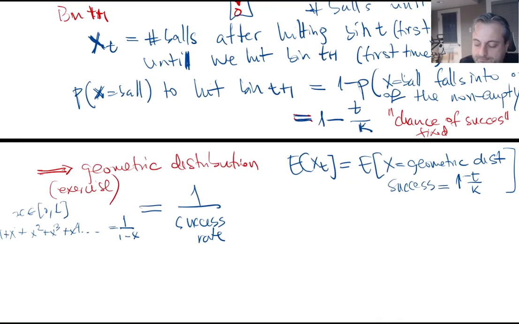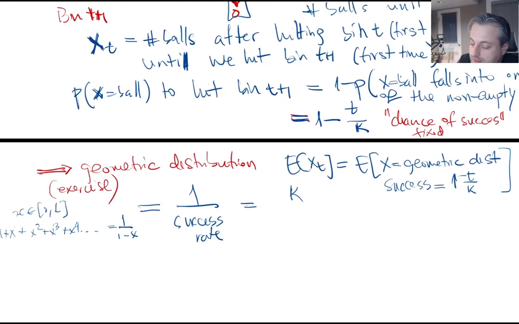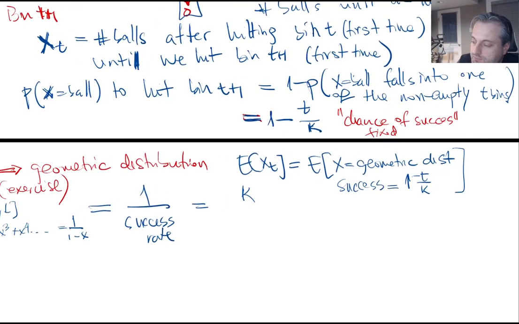So the success rate is 1 minus t by k. Sorry, so that is 1 divided by 1 minus t by k. So that will be k divided by k minus t.